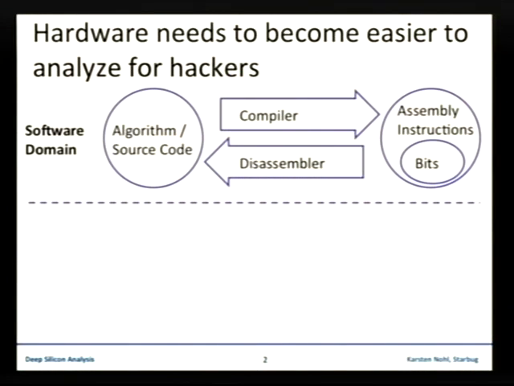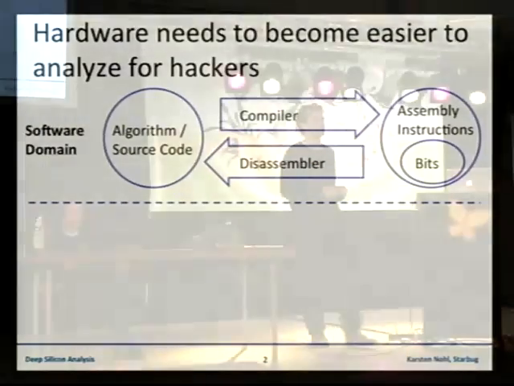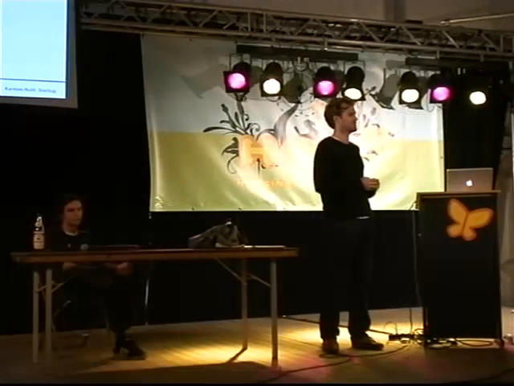And let me start with an analogy to software. So everybody here is probably aware of the process in which software is created, where a designer starts by programming source code, and then that source code is being compiled into a binary that is composed of assembly instructions, which in turn are composed of bits.